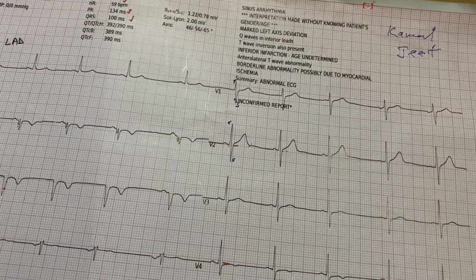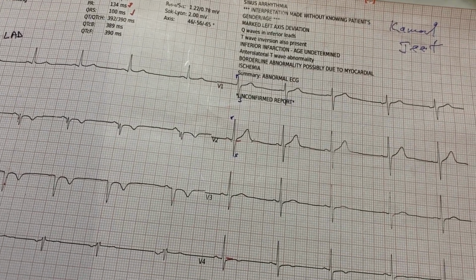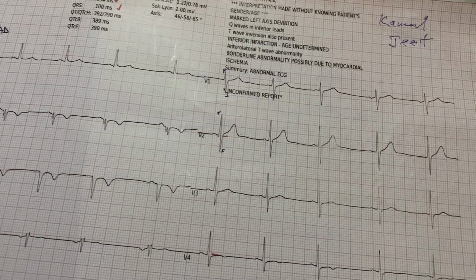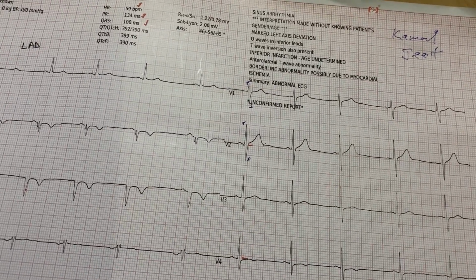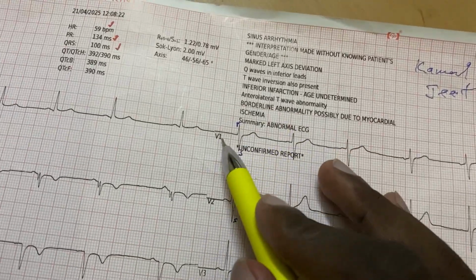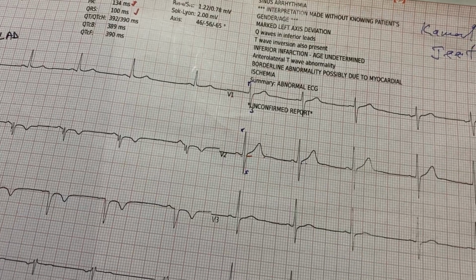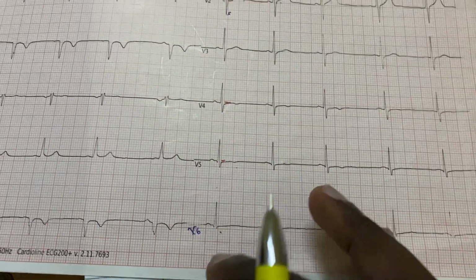The left side is thicker than the right side. The net will be going to the left. Remember the arrangement of chest leads, from the right to the left. This one is to the right, and then to the left as you go up to V6. This side.